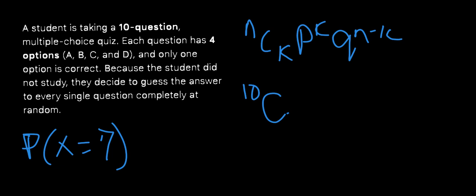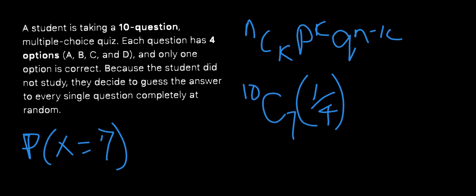Let us denote this as 7. Now, the probability of success: since there happen to be 4 options, he has a 1 out of 4 chance of getting that answer correctly if he chooses at random.